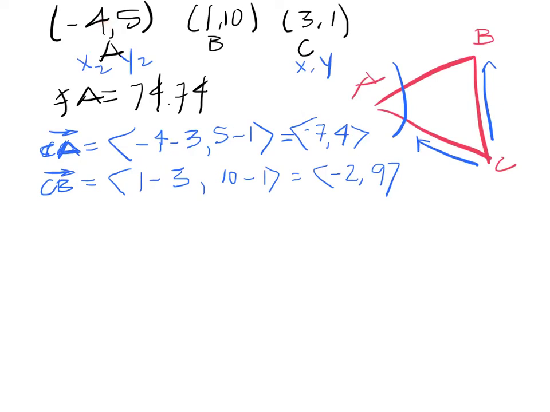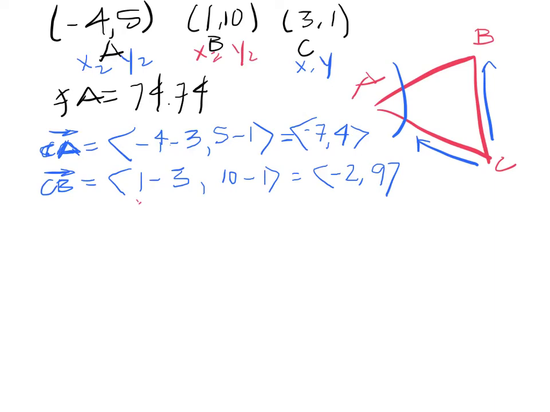The same thing with CB: I'm starting at C and ending at B, so I take 1 minus 3 and 10 minus 1. It's easy enough to get confused with.